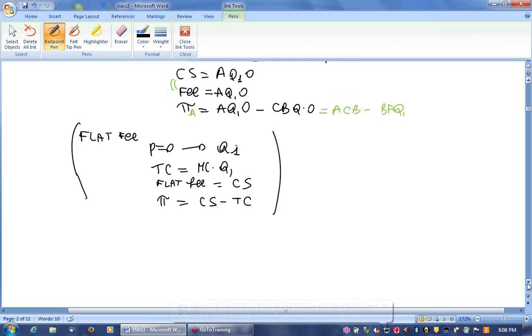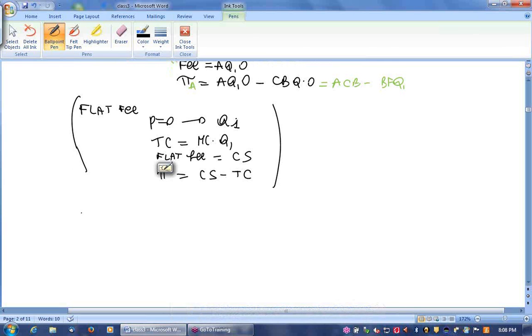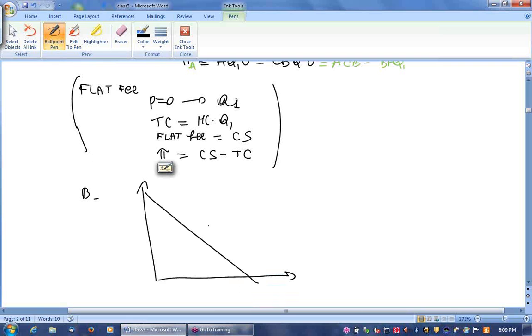So here we will cross marginal revenue and marginal cost. Okay, so here we draw the marginal revenue curve.